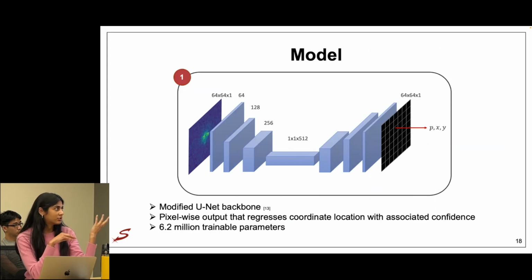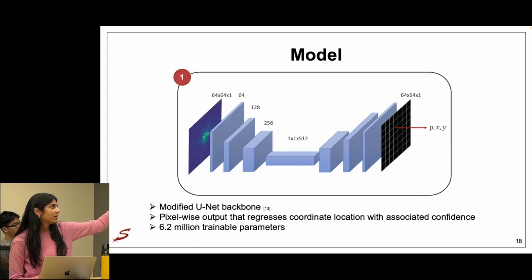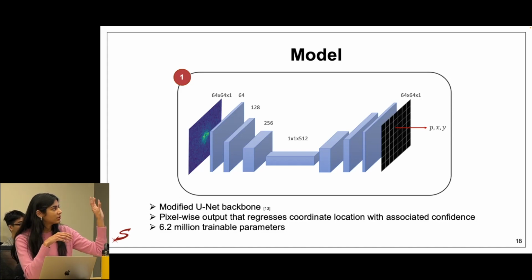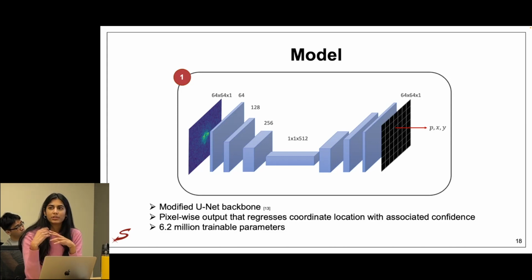But the reason that it's chosen for this particular application is because, as you can see, it has an encoding and decoding part of the network, and the output is the same size as the input. And so it gives us a one-to-one mapping between our output and our input image. And the reason that that's important here is because in the encoding part of the network, or the downsampling part of the network, we're learning to extract features from larger regions and capture some of those more abstract features.